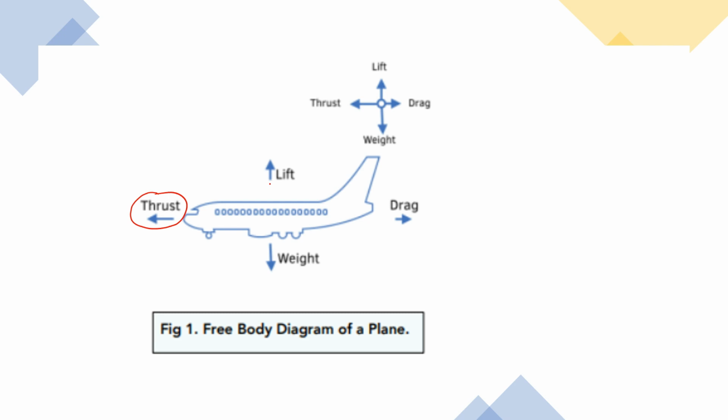That lift is because of the technical parts in the airplane, allowing the airplane to rise up. Definitely there will be a weight acting downward, and definitely there will be a drag or an air resistance which is acting opposite to the thrust.